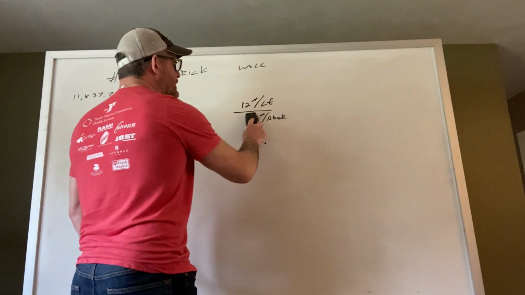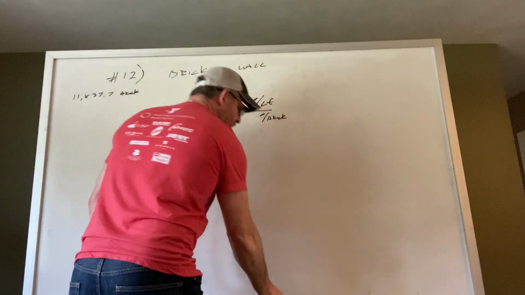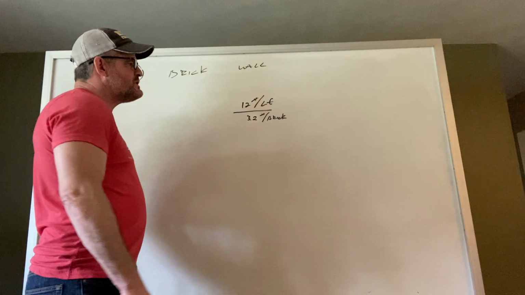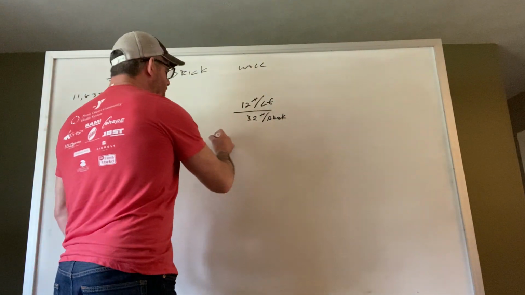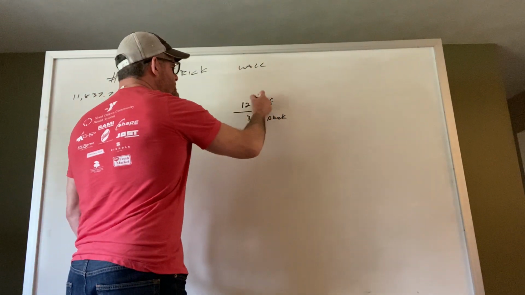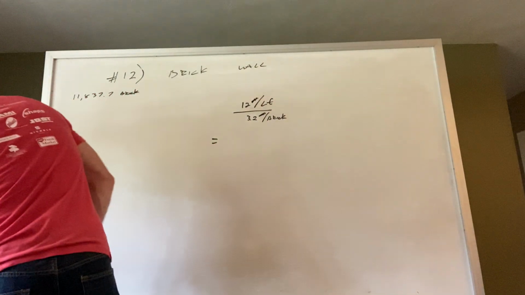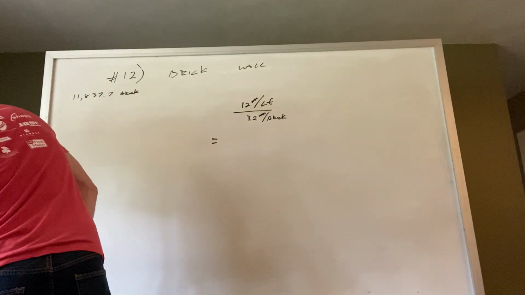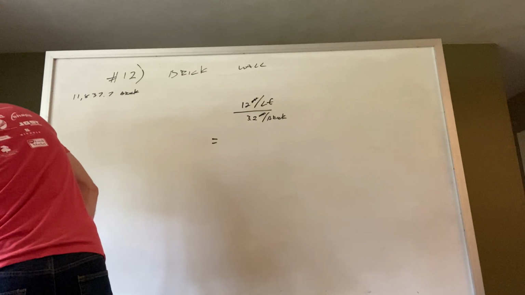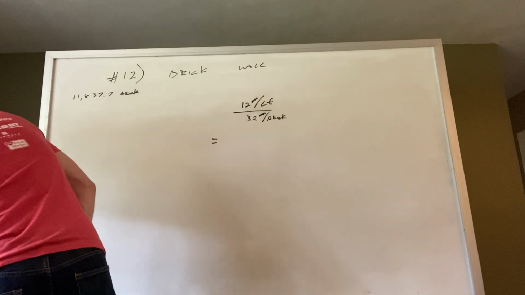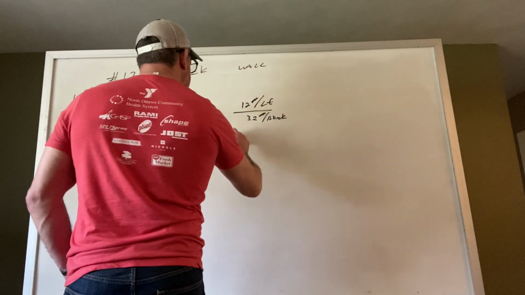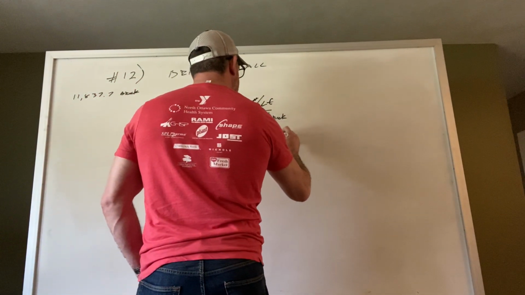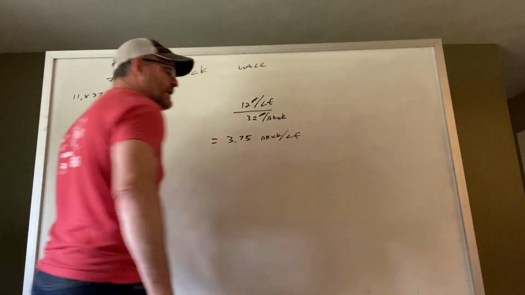We have to convert that to decimal inches, and we've already done that. 3.2 inches per brick divided into 12 inches per lineal foot. My inches are going to cancel, and I am going to get 3.75 brick per lineal foot.